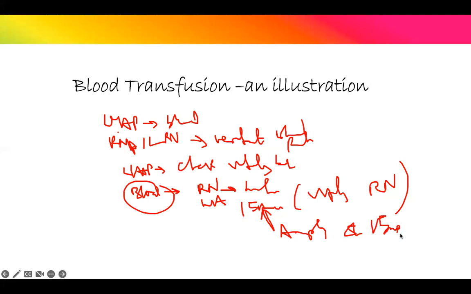This is the main reason why the RN has to do the vitals within the first 15 minutes when the blood transfusion is initiated. After 15 minutes, if the patient is stable, then it can be delegated to the UAP. If the patient is not stable, the RN continues to do the vitals.